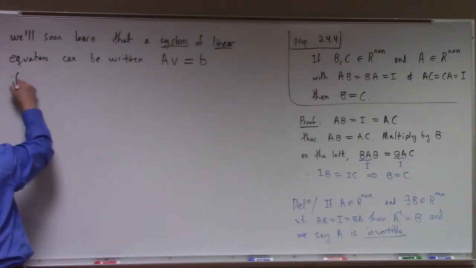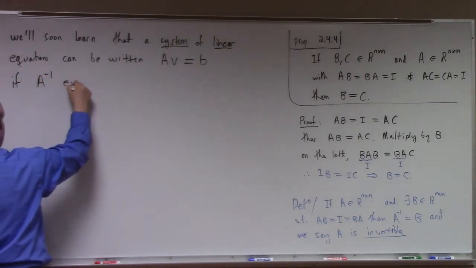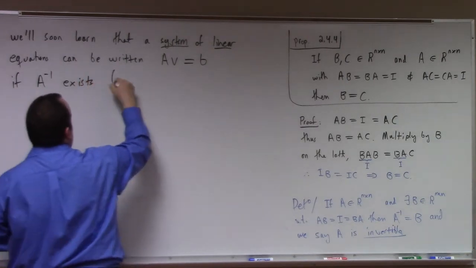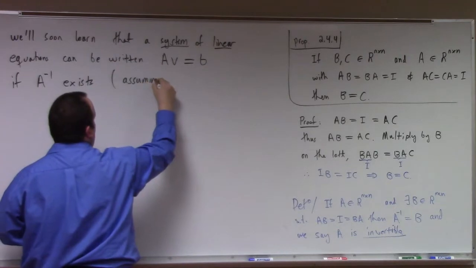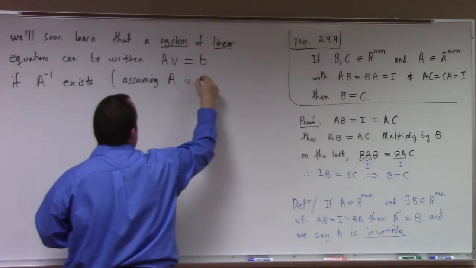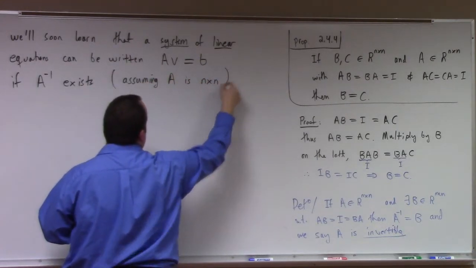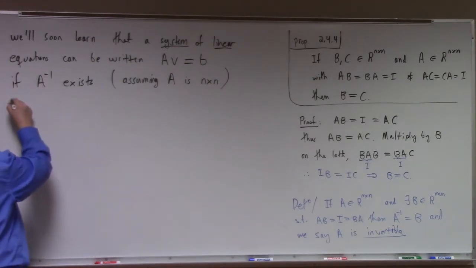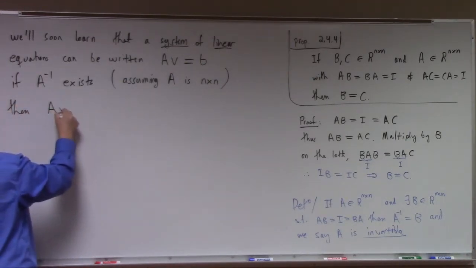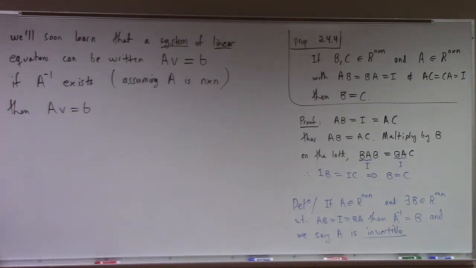If A inverse exists, and in particular that means we're assuming A is n by n, that it's square. In other words, that you have as many equations as you have unknowns. Then what can you do? If we look at AV equals B, can we solve for V? V is the unknown.